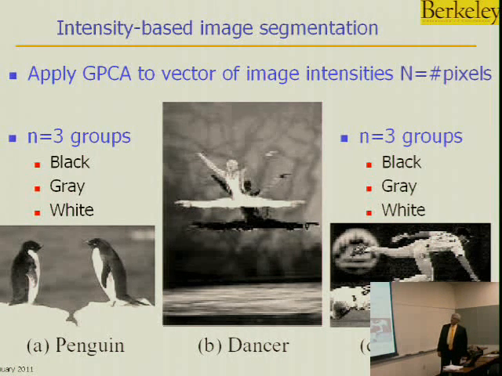If these were grayscale images, you convert them into long vectors corresponding to the intensity values of all the pixels, and then you try to cluster them. If you cluster them into 3 groups, what you call black, gray, and white comes out naturally from applying the kinds of algorithms that we discussed.